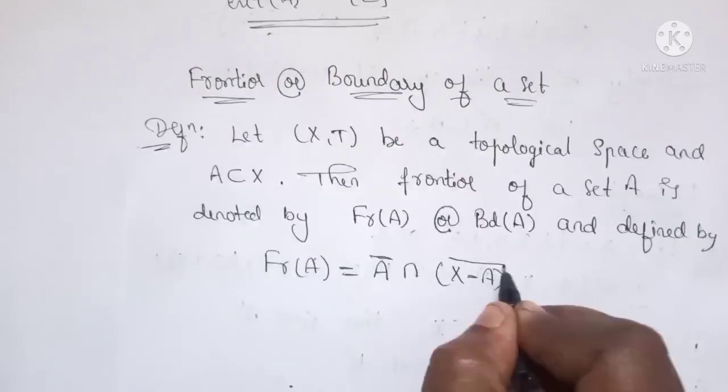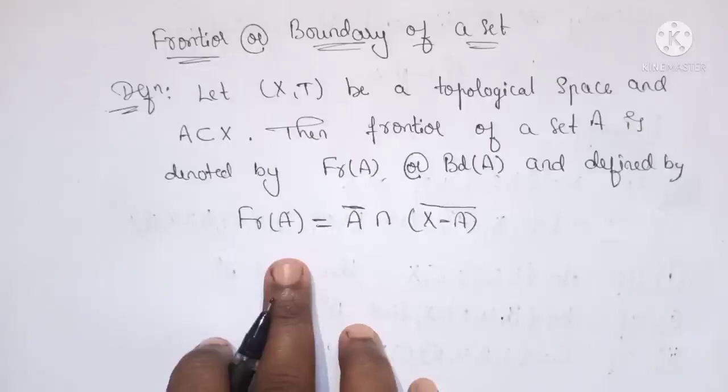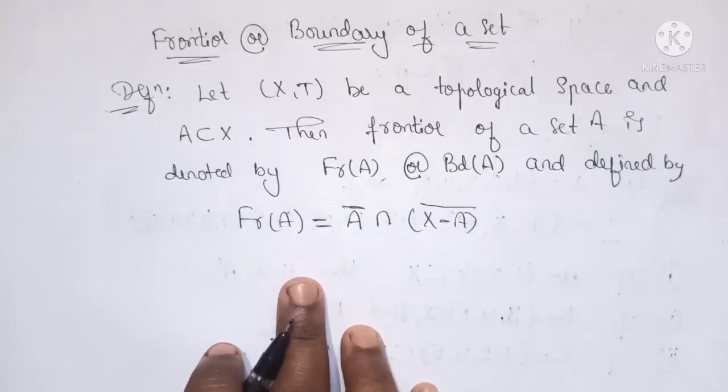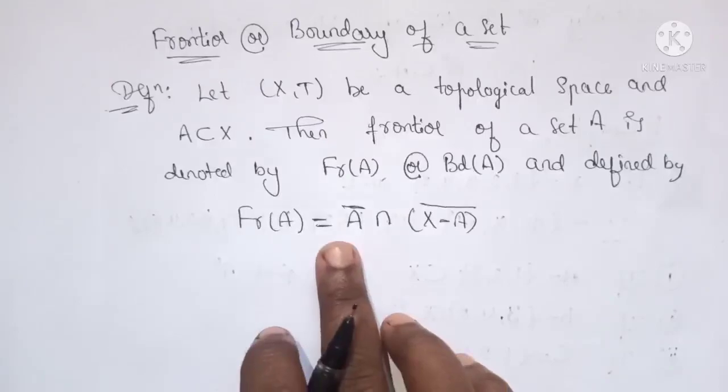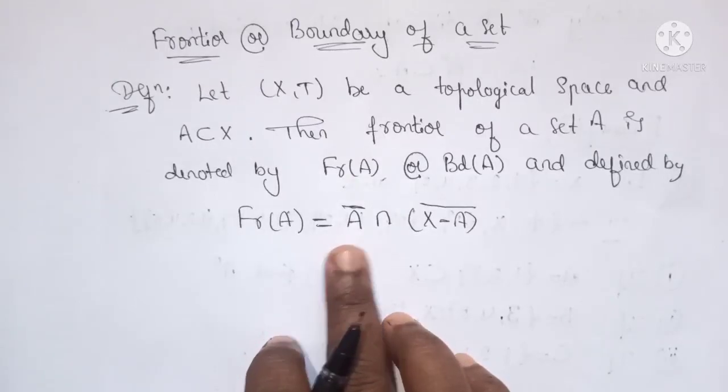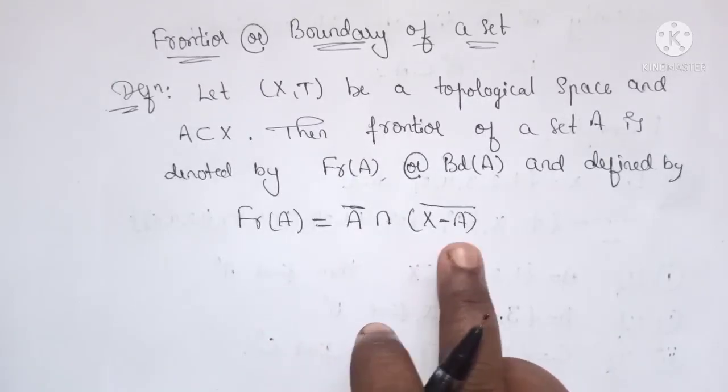So this frontier is related to closure of a set, but exterior is related to interior. Okay, so here frontier of a set is nothing but the intersection of A closure and (X minus A) closure.